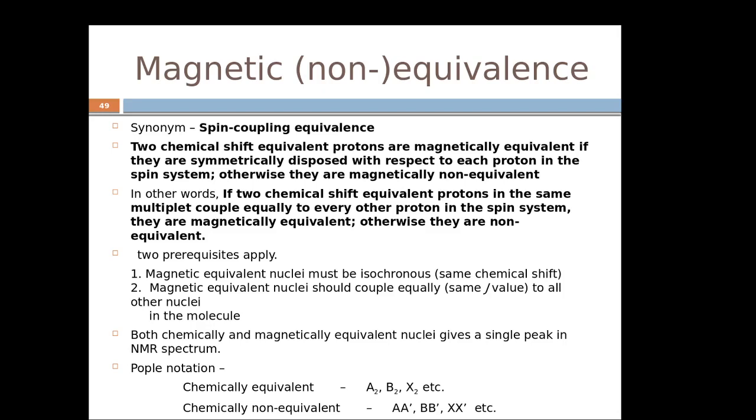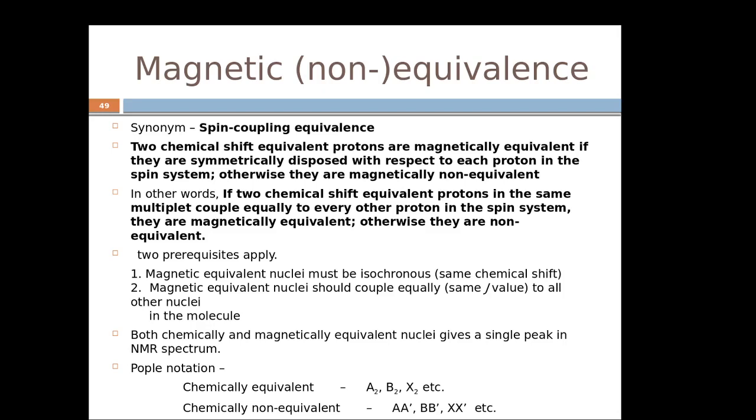And if you just consider proton A and B, proton A will couple to proton C, or interact with the spin state of proton C, and proton B can interact with the spin state of proton C. So both proton A and proton B can separately couple with the spin state of proton C. You can now guess that the extent of coupling between proton A and proton C will be exactly equal to the extent of coupling between proton B and proton C. In that case we call proton A and proton B magnetically equivalent.